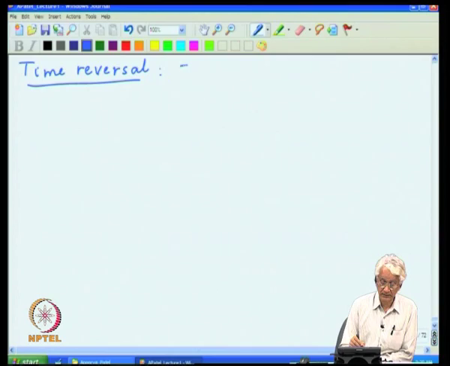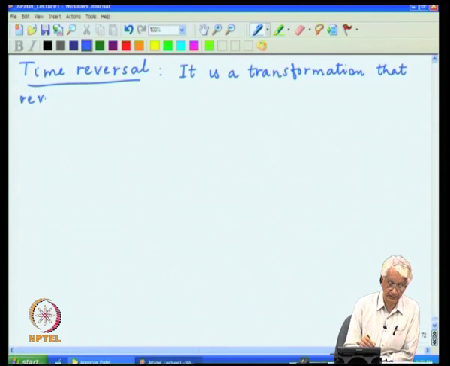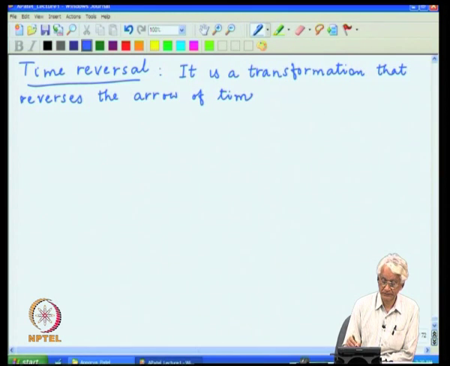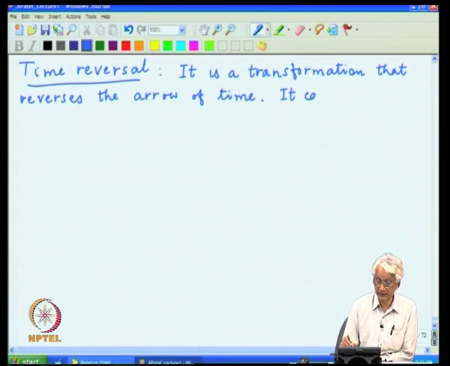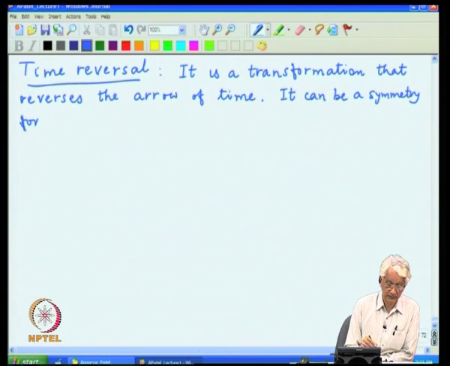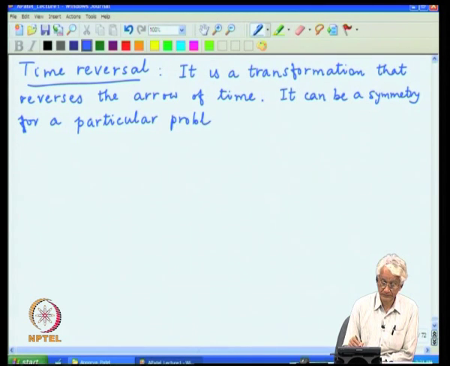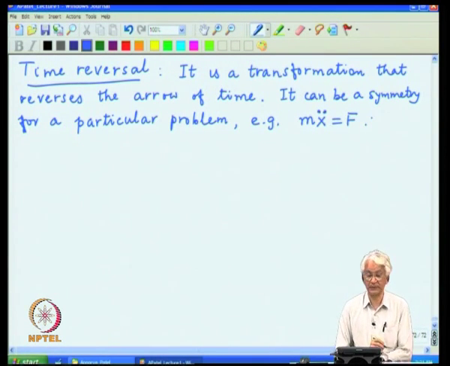So, this is a transformation that reverses the arrow of time, and it can be a symmetry for some particular problem, and as I said, e.g. m x double dot is equal to force in case of Newton's equation of motion.